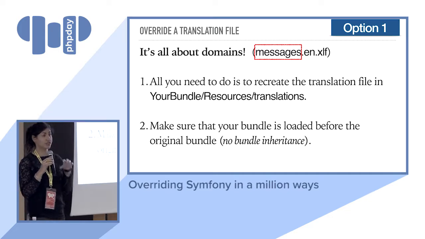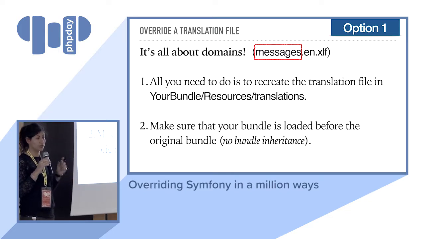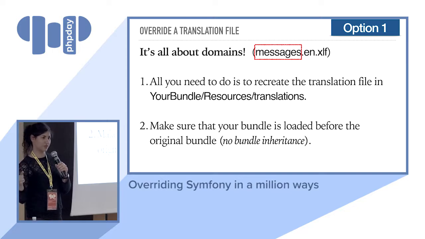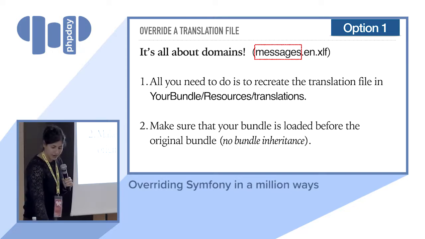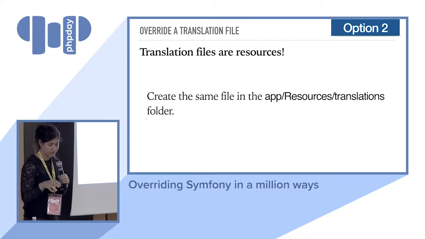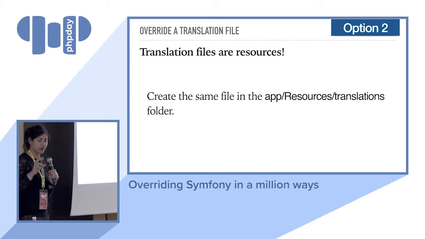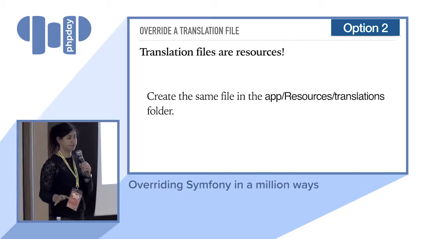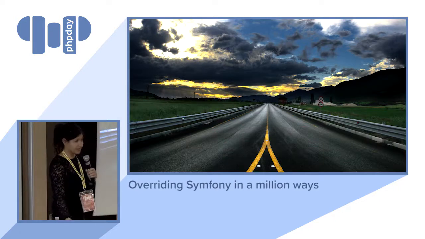If you put the translation file in your bundle, make sure that your bundle is loaded before the one you want to override. Because the first one that has the message wins directly. It's not like configurations or parameters. The other way is to directly create the translation file in app/Resources/translations. It always wins. That's it for me.